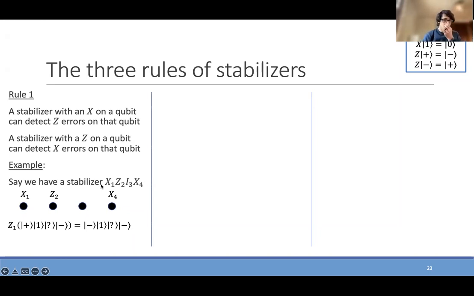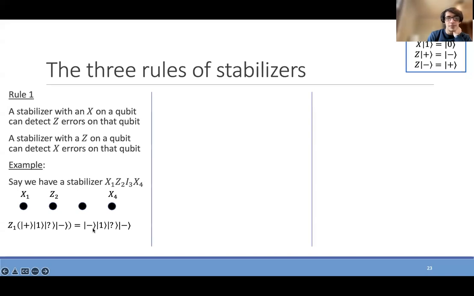So there are many examples of states with this thing having +1, but one is that the first one is 1, the second one is -1, and the fourth one is -1. So this is an example of one state. If I act with a Z1 on this state, remember that the Z operator takes the plus state to the minus state, as I've put in this little box up here. So the Z1 operator takes this plus to this minus state.